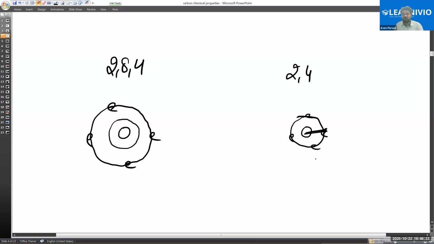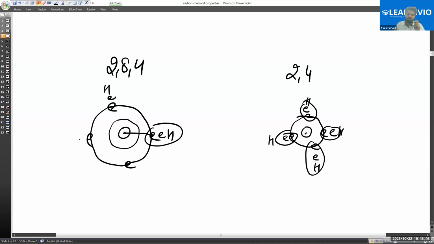So if carbon makes a bond with atoms, it is a stronger bond simply because it is closer. The nucleus is responsible for holding the electrons, so the nucleus being closer matters. In silicon, because of an extra shell, the nucleus is far away and is not able to hold them. Are you getting my point? Okay.